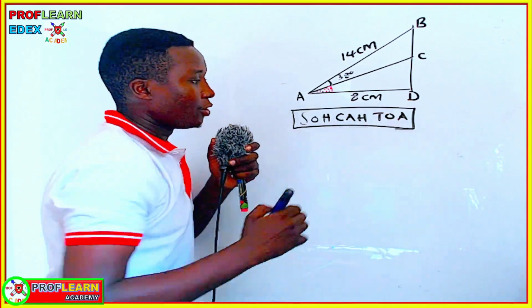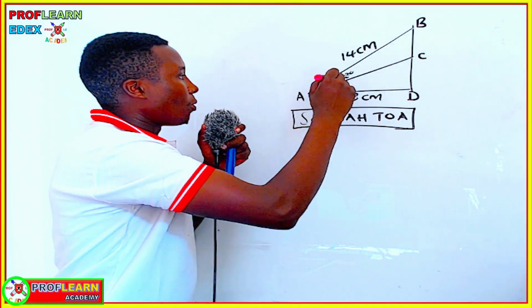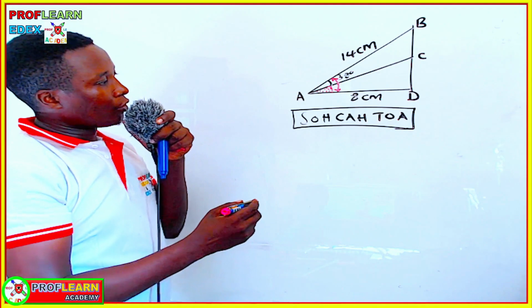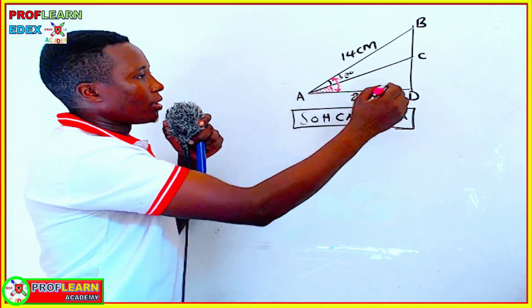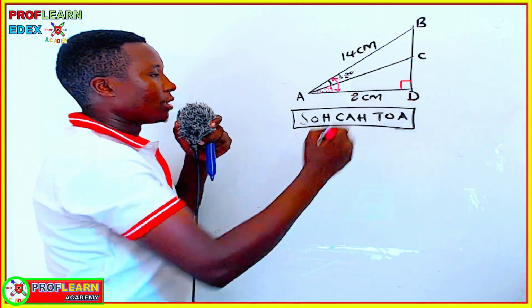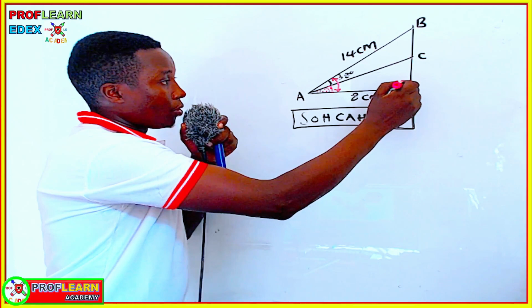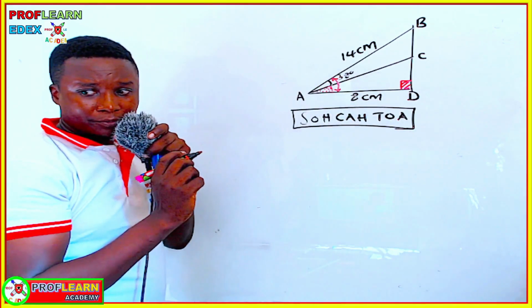If I can use SOHCAHTOA, I'm able to find the whole of this angle. Remember this is a right angled triangle, so I can use SOHCAHTOA in order to find the whole of this angle, right?